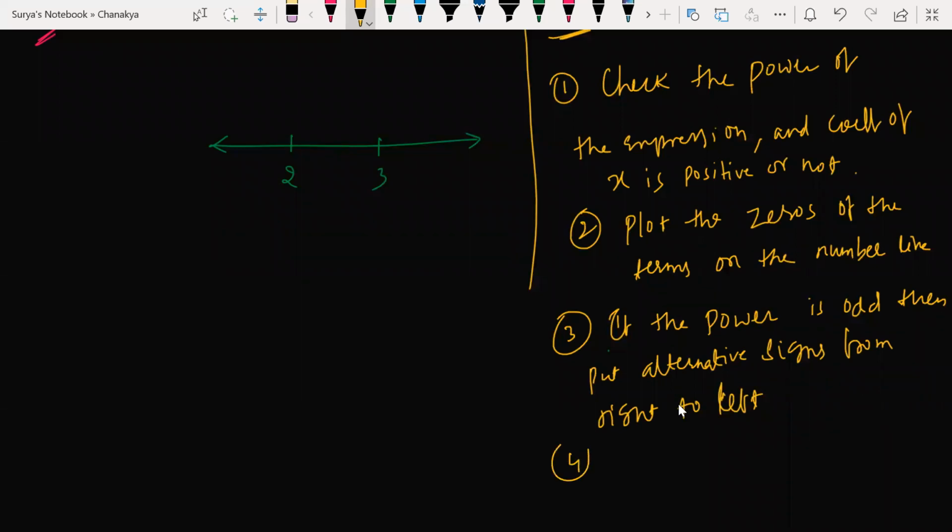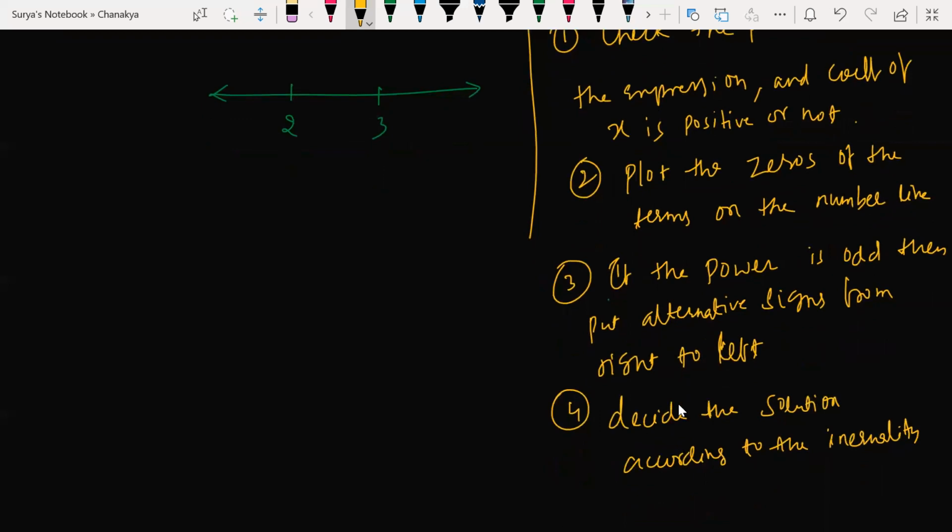The fourth point is what? Decide the solution according to the inequality. Guys, are you able to understand?